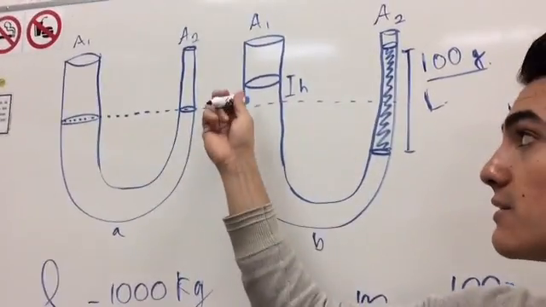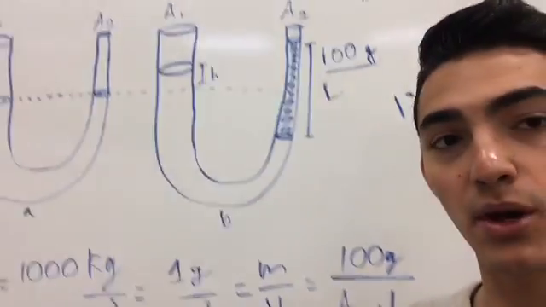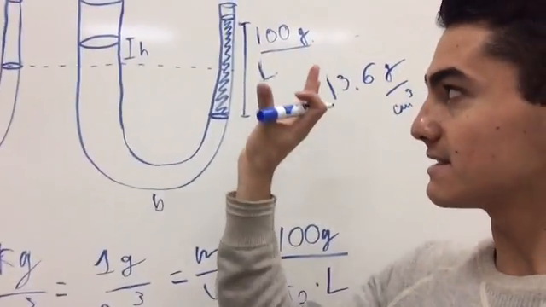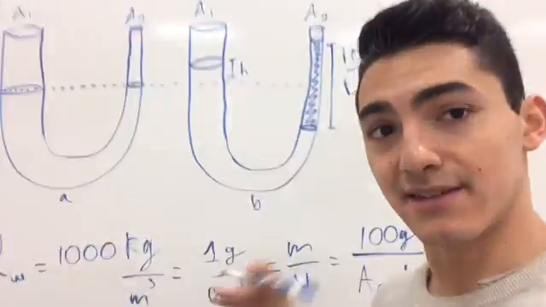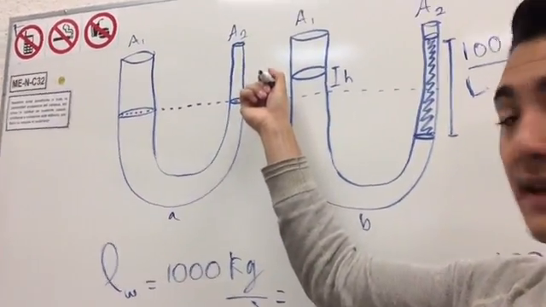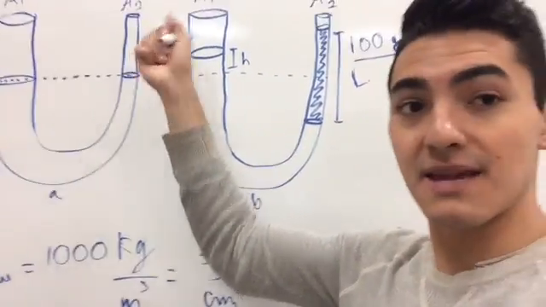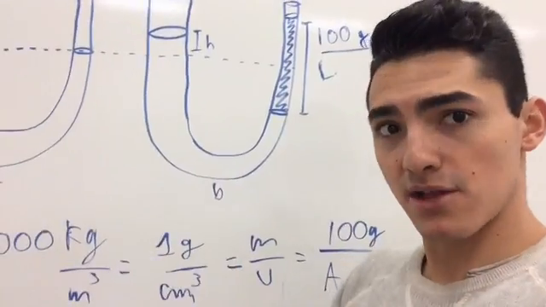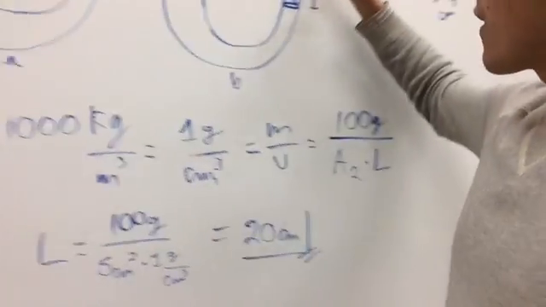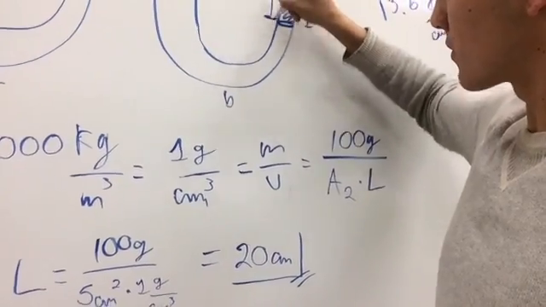We have to calculate the distance from here to here. But we can see in the image and notice that the same volume that goes from here to here is the same volume that goes from here to here, okay?